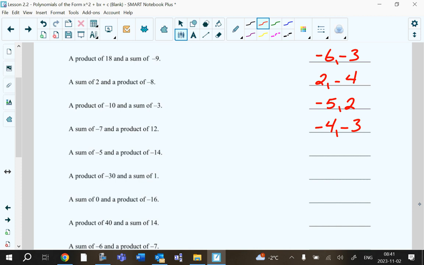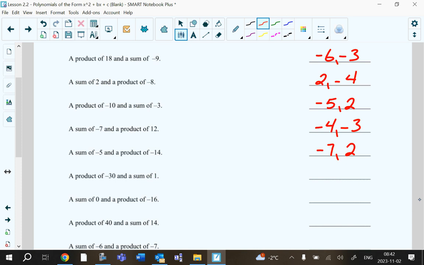So I'm thinking numbers that multiply to get 14, 14 and 1, 7 and 2. One of them has to be negative. -7 and +2, because if they're both negative, it would give us a positive product, which we're not looking for in this case.